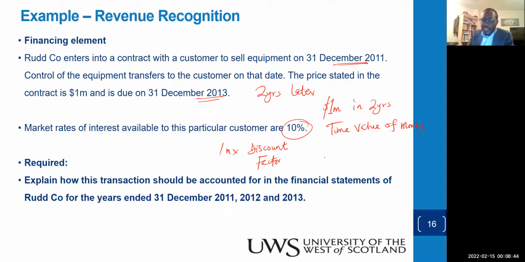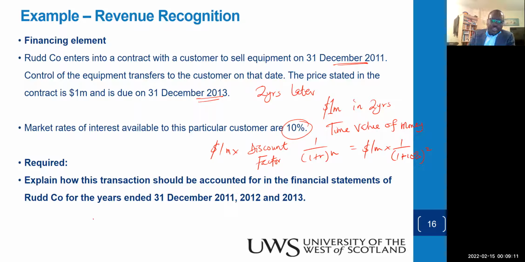It's the same story here. It will simply be 1 over 1 plus the rate to the power n, where n is the time. So we'll get our 1 million times 1 over 1 plus the 10%, raised to the power 2.